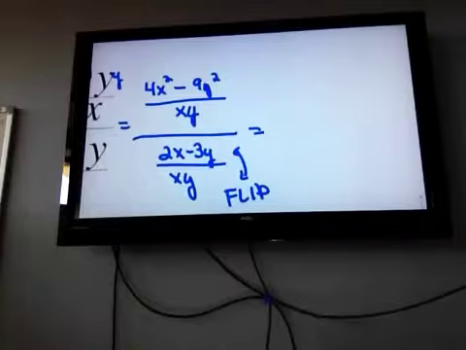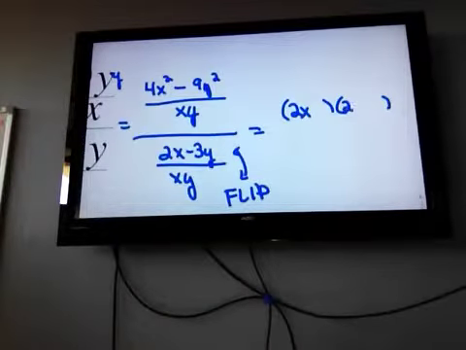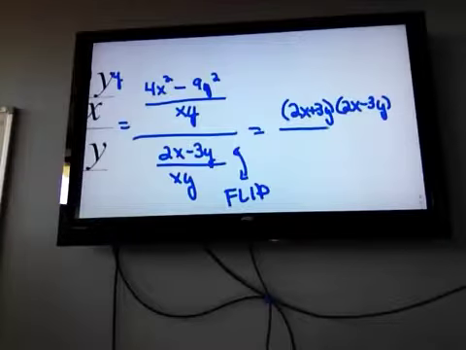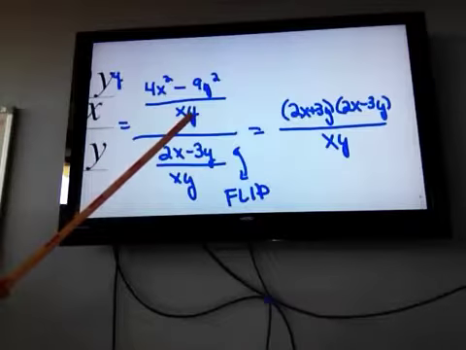Hopefully you see that as a difference of squares pretty quickly. We've done so many of those. So that's a difference of squares. 2x times 2x, 3y times 3y, a plus and a minus. Over xy, can't do anything to that denominator. It's a monomial.